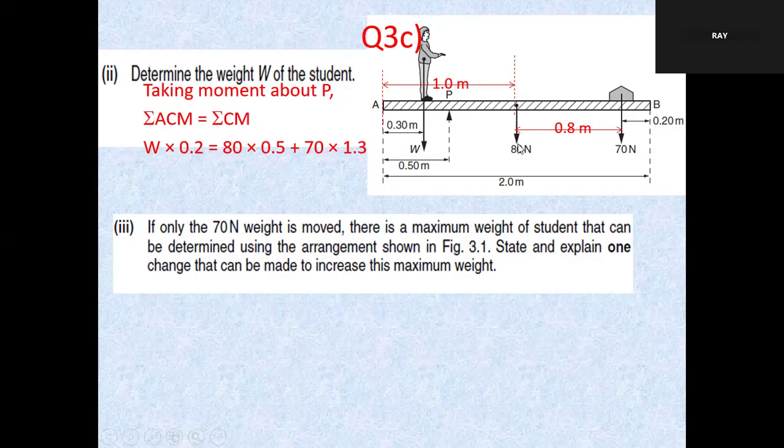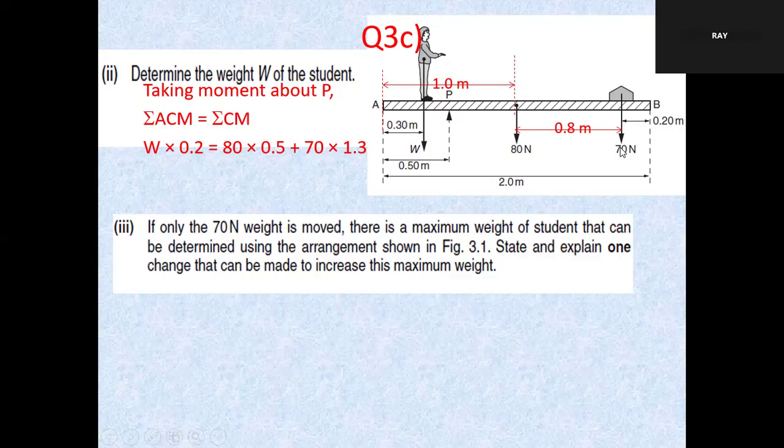And this 80 is at distance 1 minus 0.5, which is 0.5.